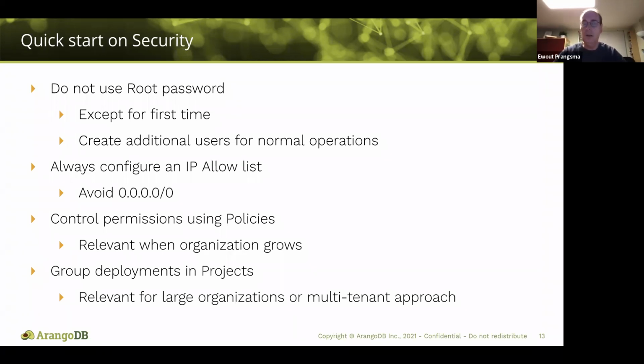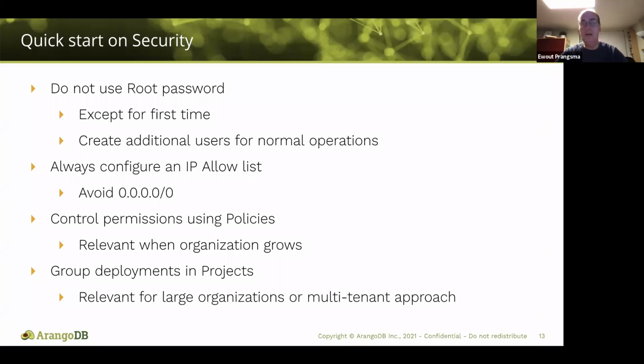So put in your IP addresses for your office, for your home offices, whatever, or for your application servers, whatever you need, but there is no need that somebody from the other side of this planet is able to access your deployment. You should just not do that. These things are configured as so-called CIDR, that's IP ranges. And it looks something like 4 numbers / and then a number.